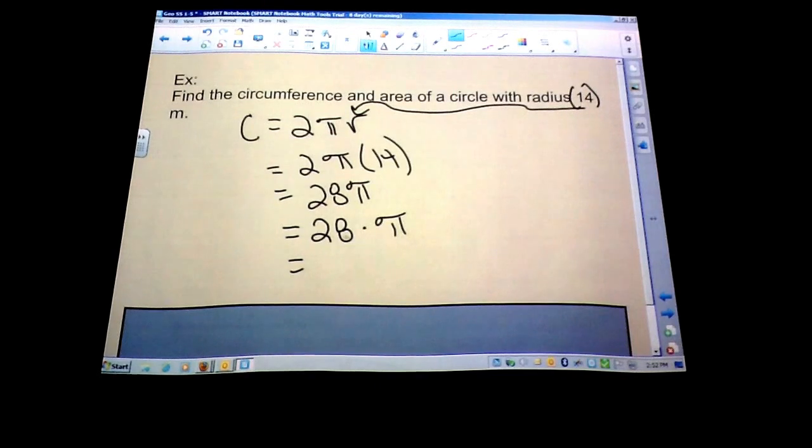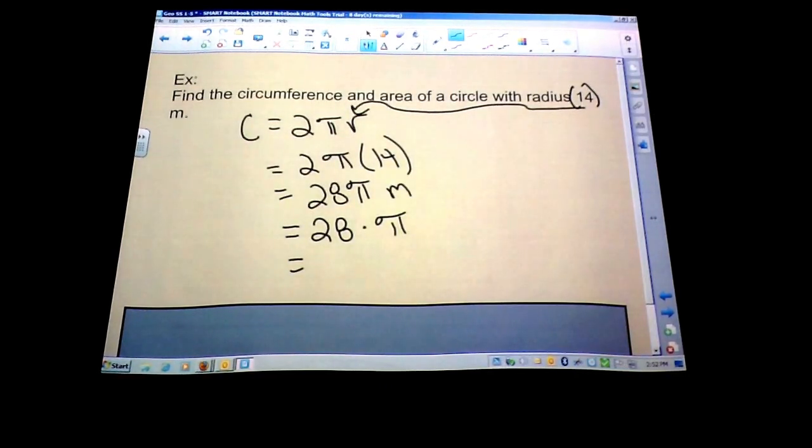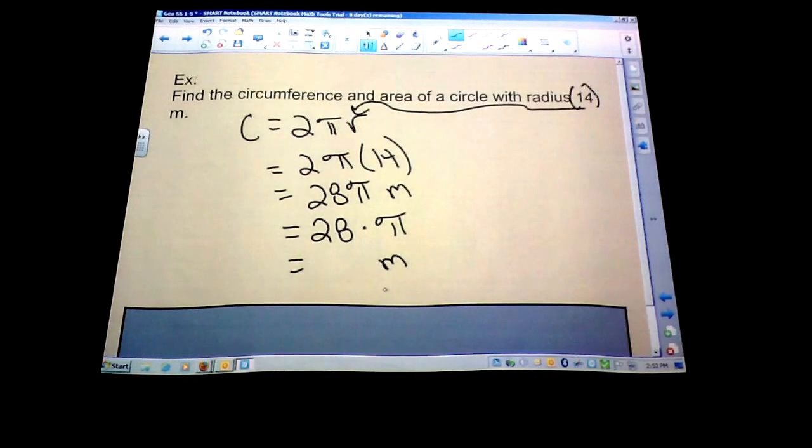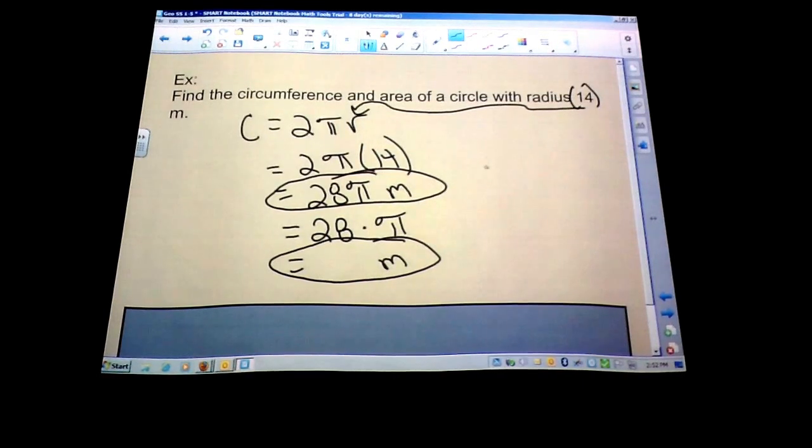Okay? Whatever that turns out, you're going to label it in meters, so we want to make sure that we put meters at the end of those answers. This would be in terms of pi, and then if I multiplied it out, this would be to the nearest tenth or so.